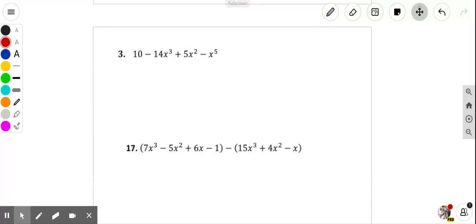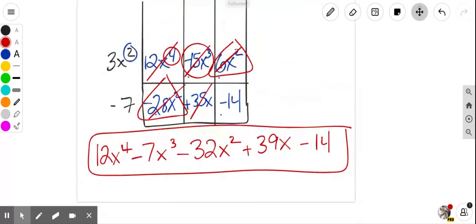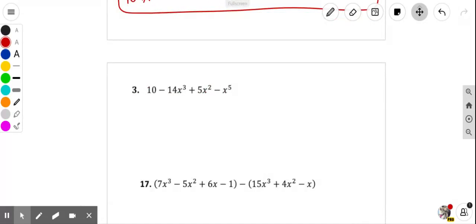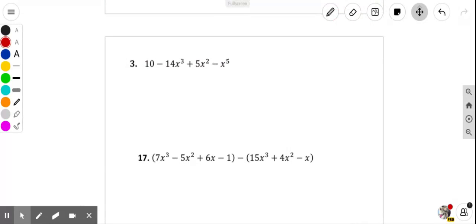Okay, now those were the last two examples on the notes. Next, I'm going to go over a couple problems from your homework. So number 3 on the homework asked you to do the standard form, identify the leading coefficient, and then the degree. So standard form, remember you do highest degree to lowest degree. So it's going to be this term first. So negative x to the 5th.